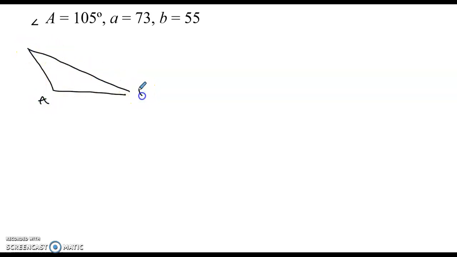And there's A, and there's B, and there's C. And angle A is 105 degrees. Side length A is 73, and side length B is 55. So there's my side-side angle.